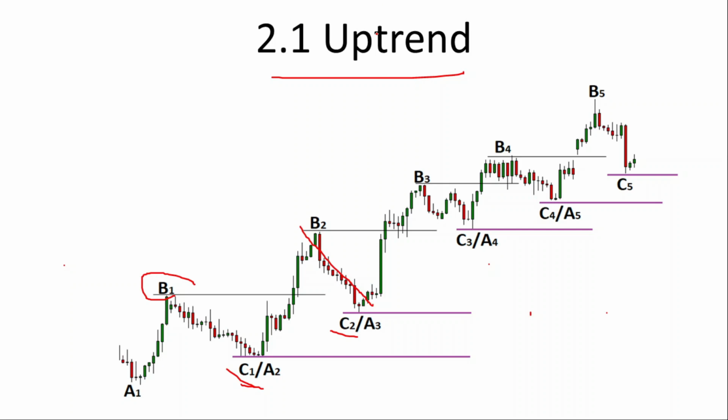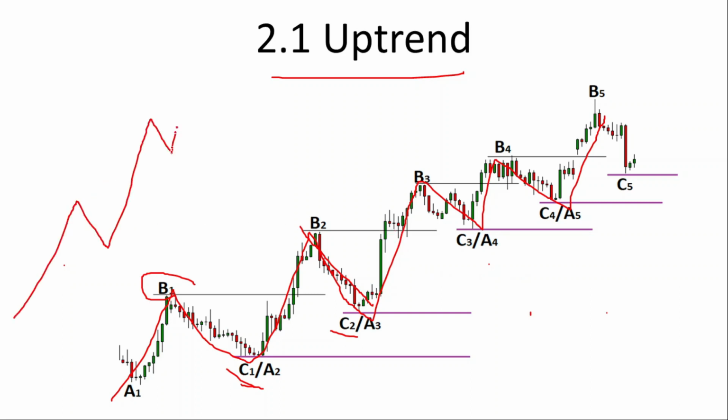So this series of moves will keep repeating themselves again and again and again, forming what we call a series of higher highs and higher lows. So this is the shape that is being formed.